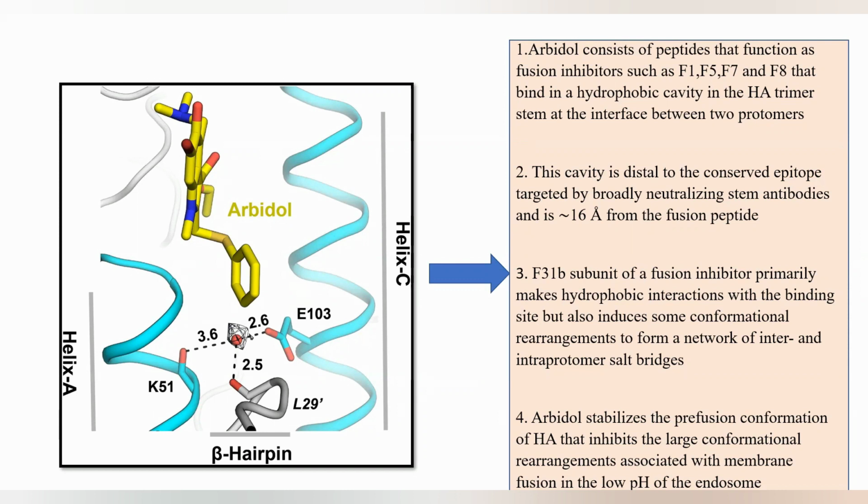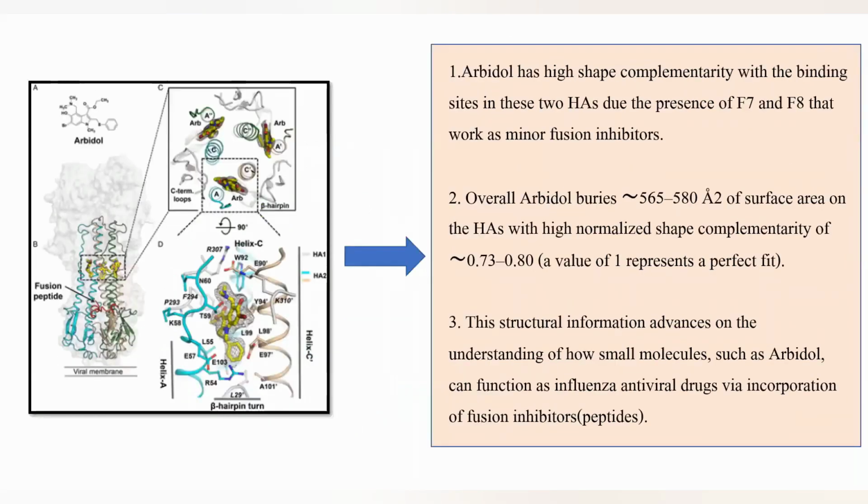So it will block the entire network by causing a different sort of conformational rearrangement, which is the formation of these intraprotomal salt bridges. By that, it stabilizes the prefusion conformation of HA, which inhibits the large conformational rearrangements that would lead to the membrane fusion. Those are the functions of Arbidol. Arbidol has a very high shape complementarity with the binding sites in these two groups of HAs, group 1 and group 2.